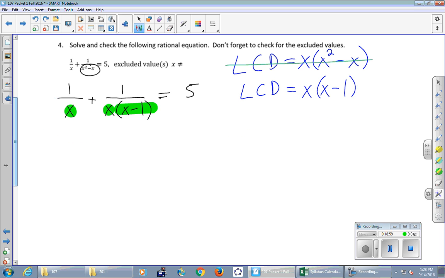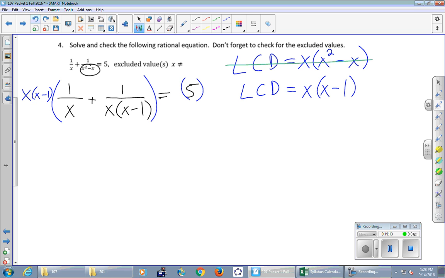We've got our winner. Okay, so technique, as we've seen, is to multiply both sides by the lowest common denominator. So here we go. Big parentheses here, x times x minus 1. Big parentheses here, x times x minus 1.